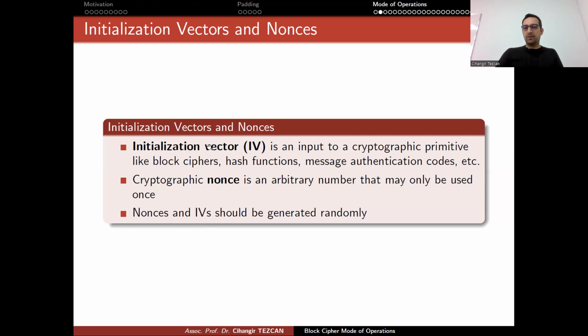When you are at the beginning of the process, you need a random value. This is called an IV. And a nonce is sometimes something you generate during that time, and you have to use it only once. Again, in some protocols, these are interchangeable. But just think that they should be randomly generated, and sometimes they have to be kept secret, and sometimes they shouldn't be used twice.